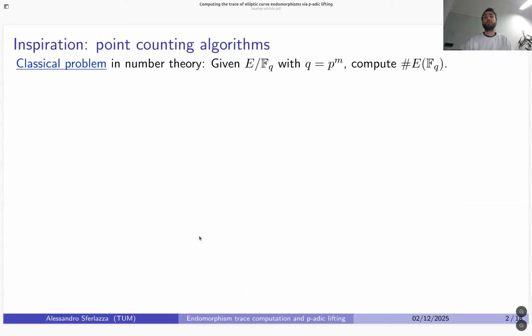In order to devise a trace computation algorithm, the starting point is always point counting, because that's a classical problem in number theory. Given an elliptic curve over a finite field, we want to know how many rational points there are over this finite field.